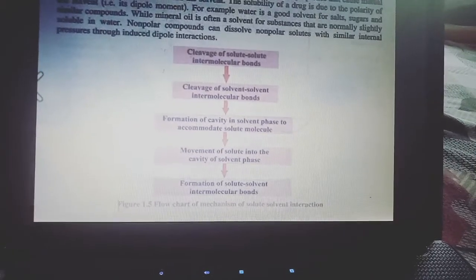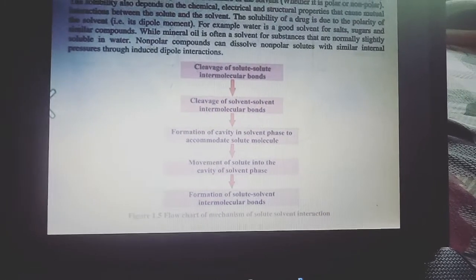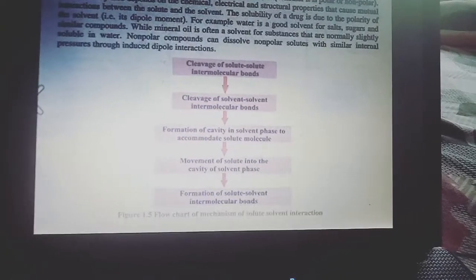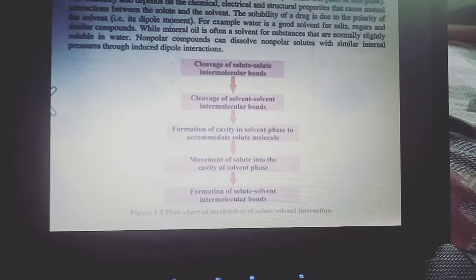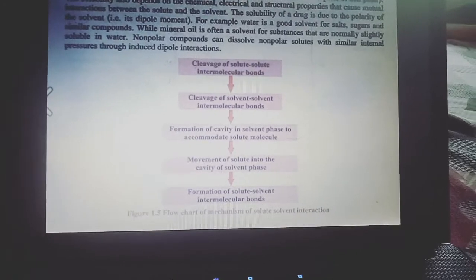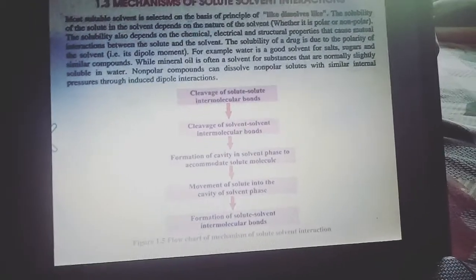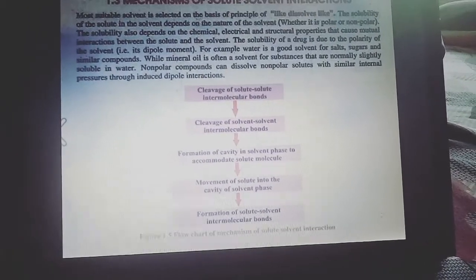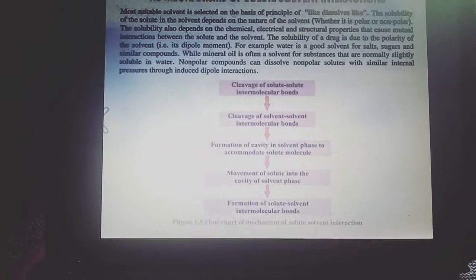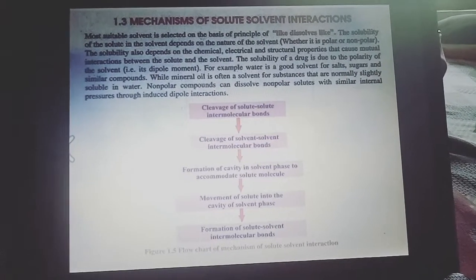You can see in this flow chart, first of all, there is a cleavage of solute intermolecular bonds, because the solute also has intermolecular bonds. Those intermolecular bonds will break first, they will cleave. Secondly, cleavage of solvent intermolecular bonds, meaning the intermolecular bonds of the solvent will also cleave. Then there is a formation of a cavity in the solvent, that will accommodate the solute molecule. Then the solute molecule will move into the cavity of the solvent phase. Then there is a formation of solute solvent intermolecular bonds. You can see in this flow chart.